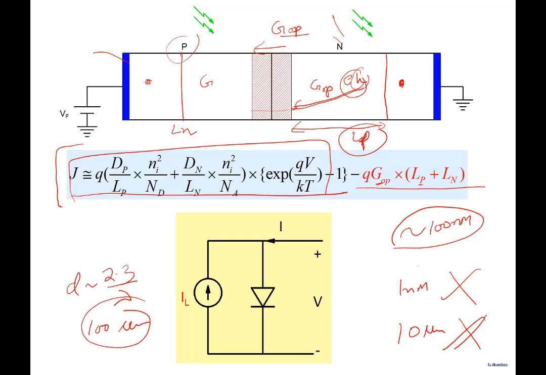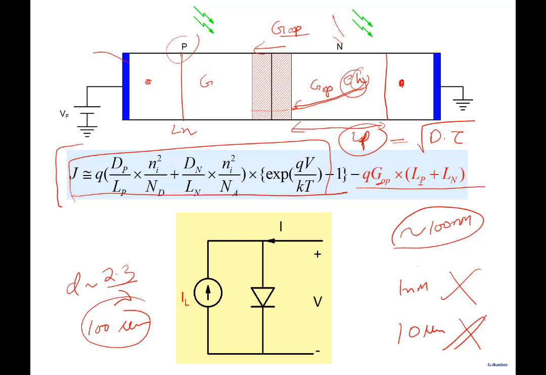So what you are going to harness is only within the diffusion length. Right? So now if you look, diffusion length is square root of D times tau. You want the diffusion length to be very, very large because you want to collect everything.